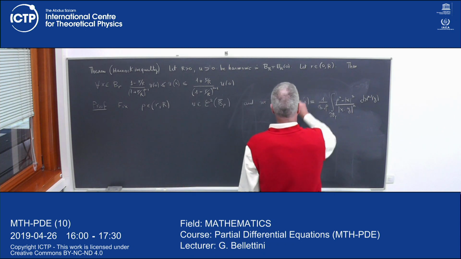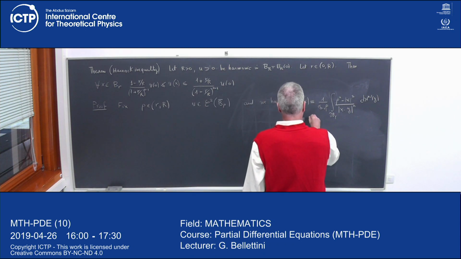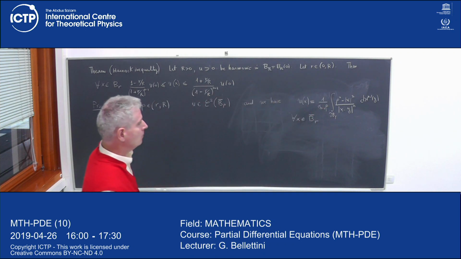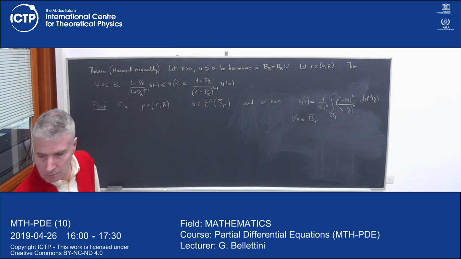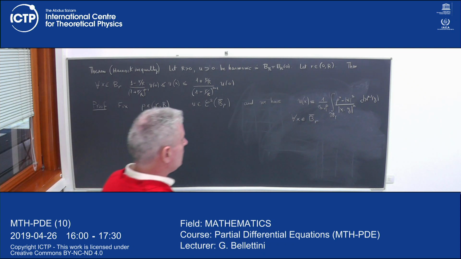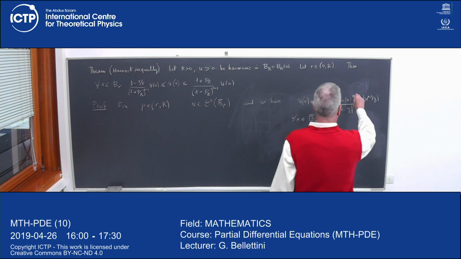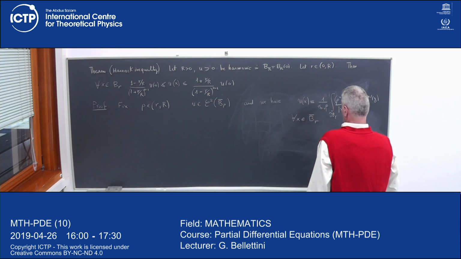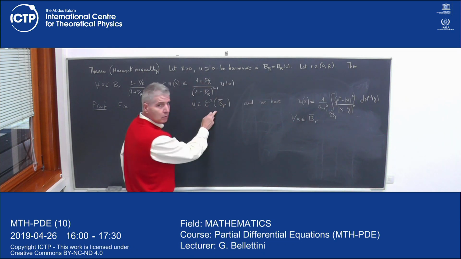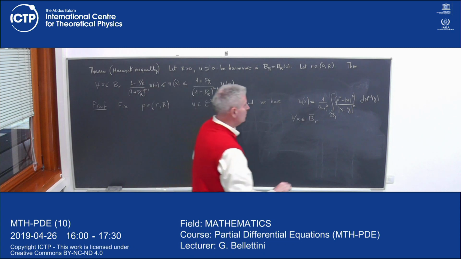For any sigma in the boundary, the representation formula. Yes, okay. And here there is rho squared minus x squared. And then there is G, but G now is U. Okay? G is U.